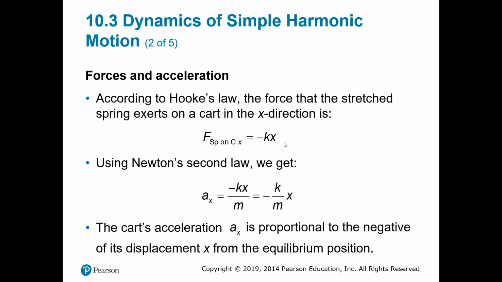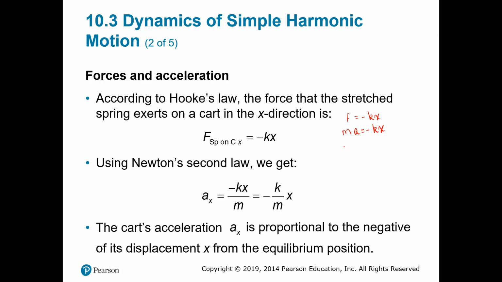Now, that means that the force that we are experiencing is also equal to the mass times the acceleration. So at this point, things get a little weird. Now remember, we said that acceleration is directly proportional to that position.